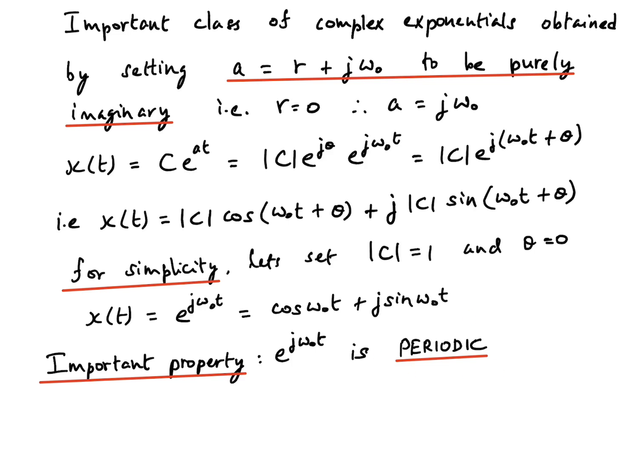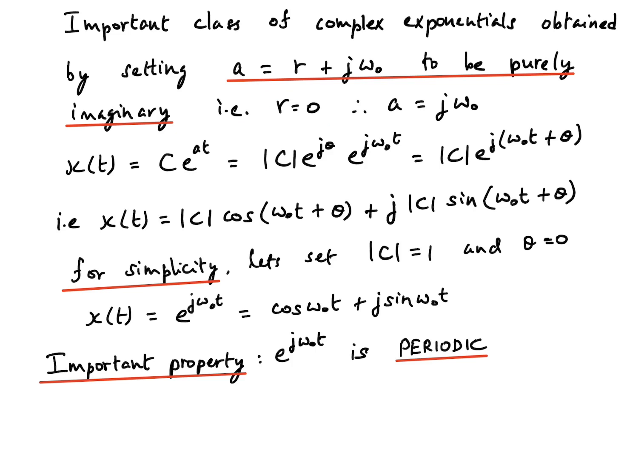So we have the complex exponential as c e power j omega naught t plus theta, which is periodic, and even when the phase is 0 and the amplitude is 1, we still get it as periodic. So irrespective of the magnitude and phase, e power j omega naught t is going to be a periodic signal, and that is an important property for that particular case when r equal to 0.